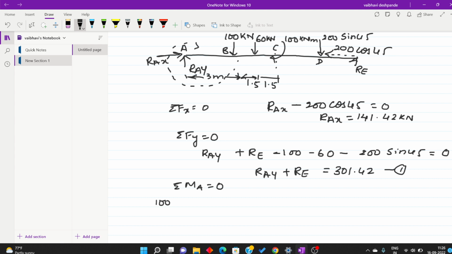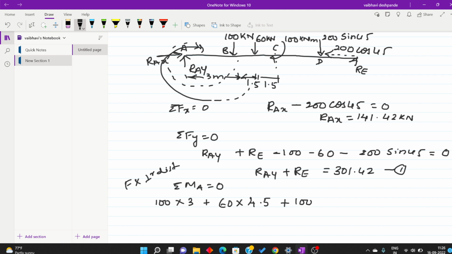Moment means force into perpendicular distance, so 100 into 3, clockwise, positive. Then the 60 kilonewton is also going to cause a clockwise moment about point A. So 60 into the distance from point A, which is 3 plus 1.5, so 4.5.